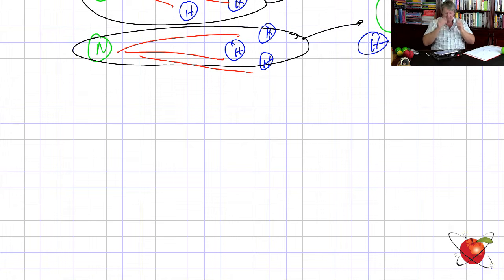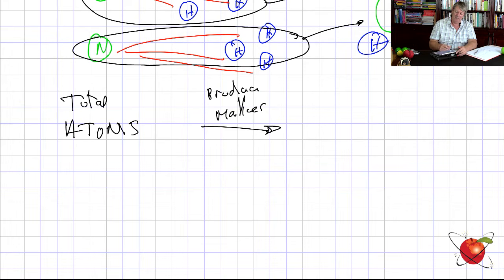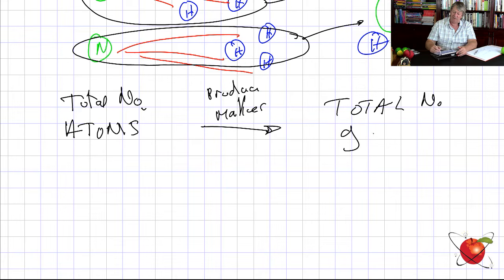What we said is all the atoms that we put in must be used, not used up really, but if this is going to be, let's say, our produces line, there to there, the total number of atoms there must be equal to the total number of atoms over here, of the same stuff, right?